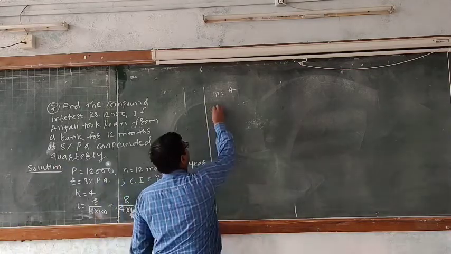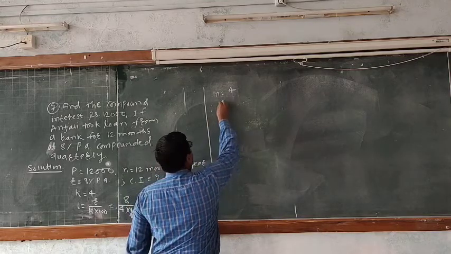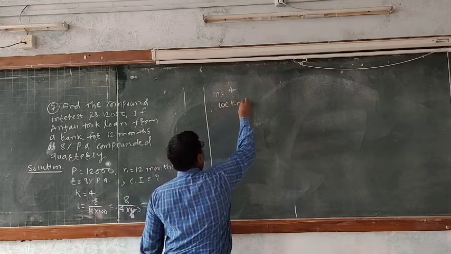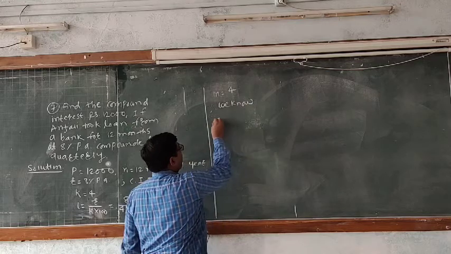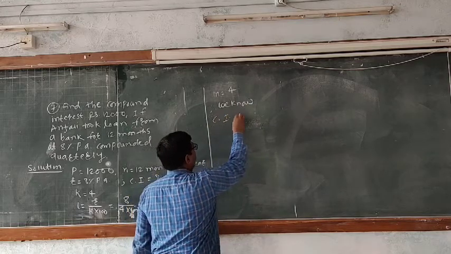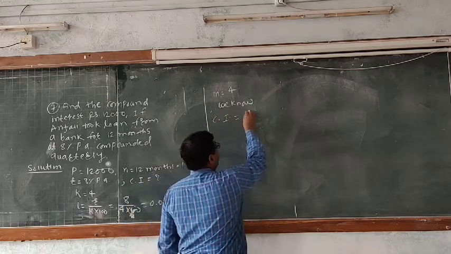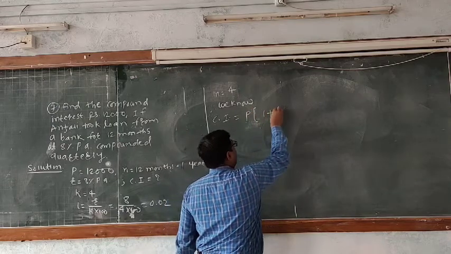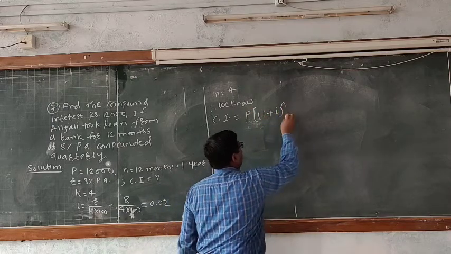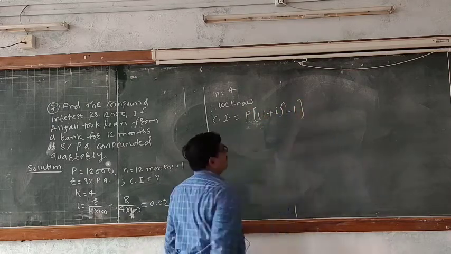Therefore, we know compound interest equals P into the bracket 1 plus I raised to power n minus 1.